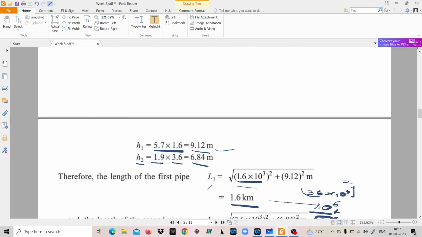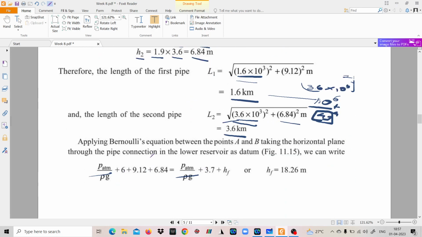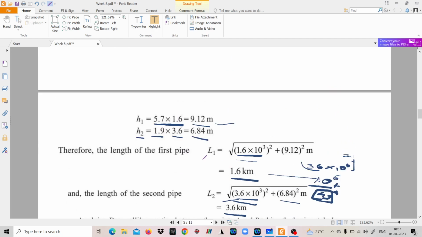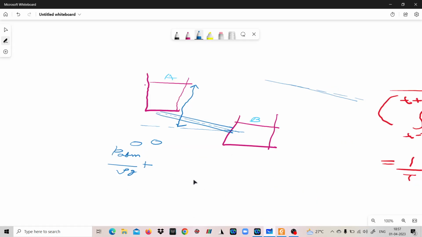So 6 meter plus h1 is 9.12 plus h2 is 6.84. Or better, if I write in terms of symbols, h1 plus h2 plus 6 meter, because this value from here to here is 6.